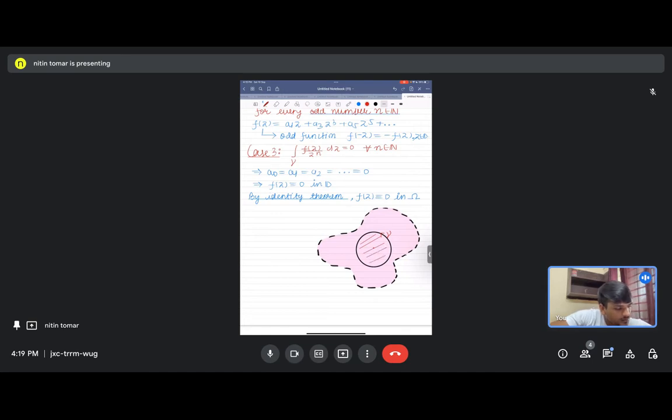So by the identity theorem, the zero set at least contains this open unit disk, and the open unit disk has a limit point in D itself, therefore in omega. Hence by the identity theorem, f is going to be zero. Is this clear?